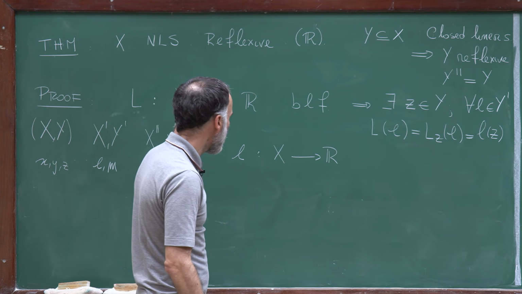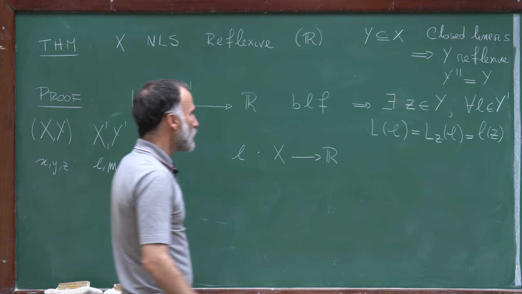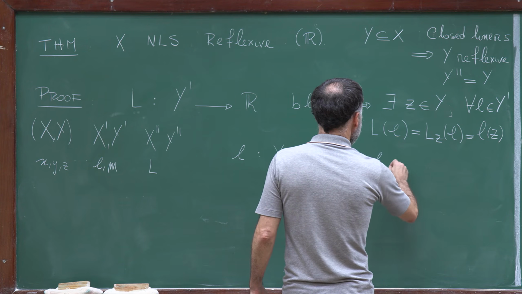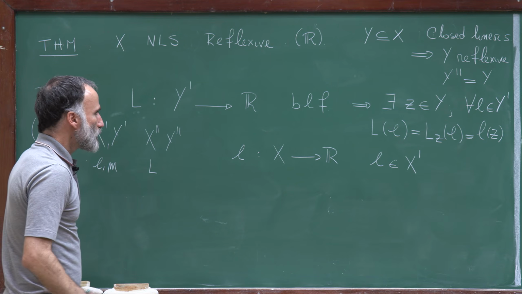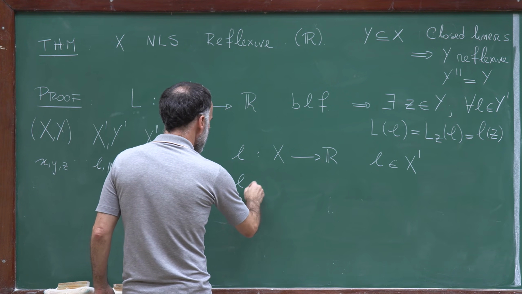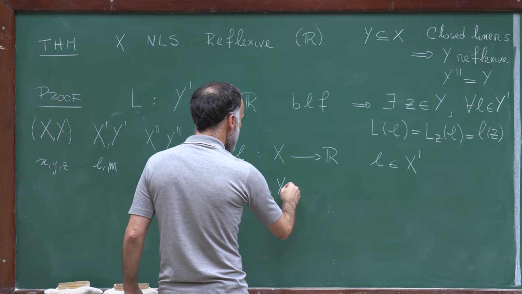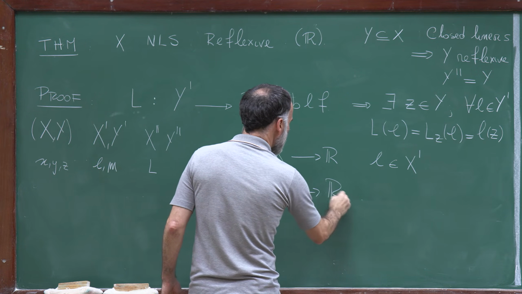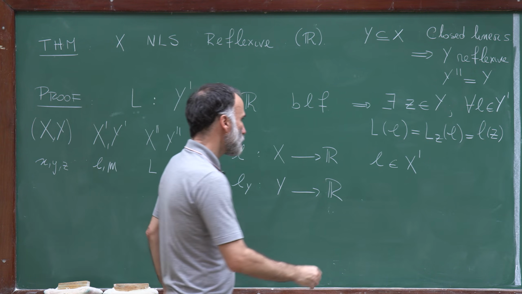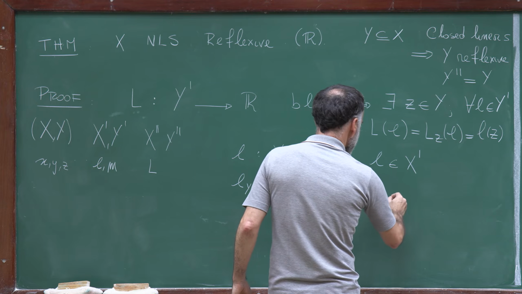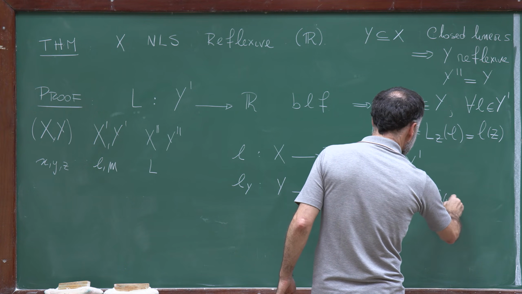Well, if I have l defined on X, so l an element of X prime, I will represent by l_Y its restriction to Y. So l_Y is now a bounded linear functional defined on Y, which coincides with l on Y. So l_Y of y will be just equal to l of y.